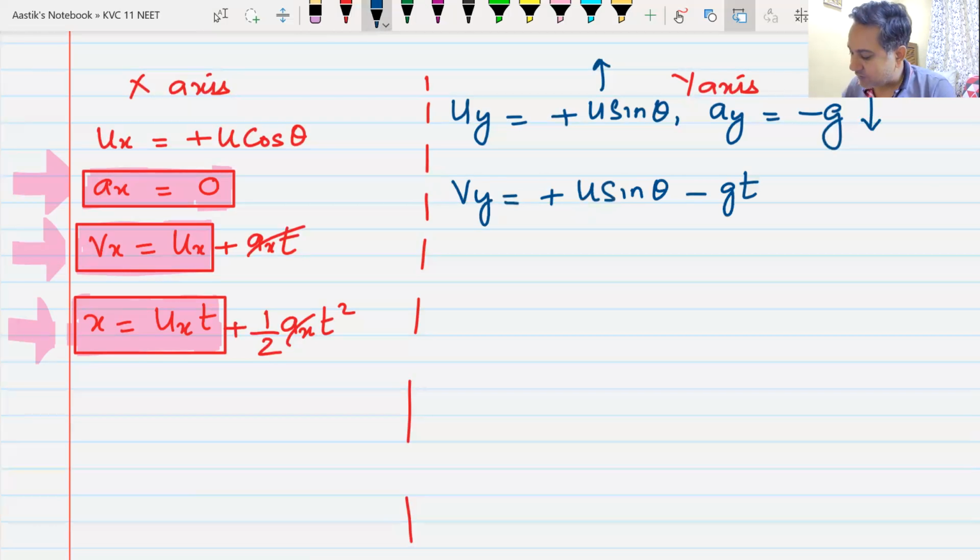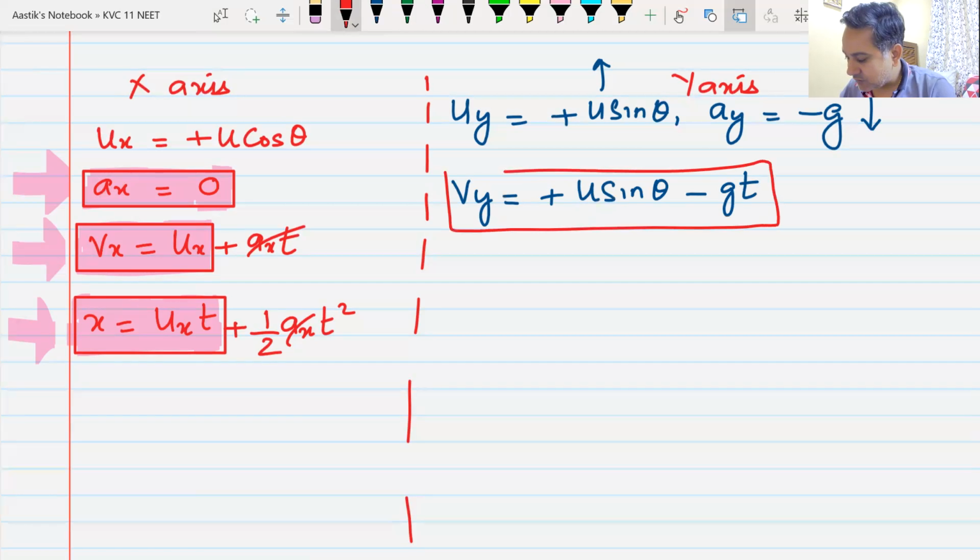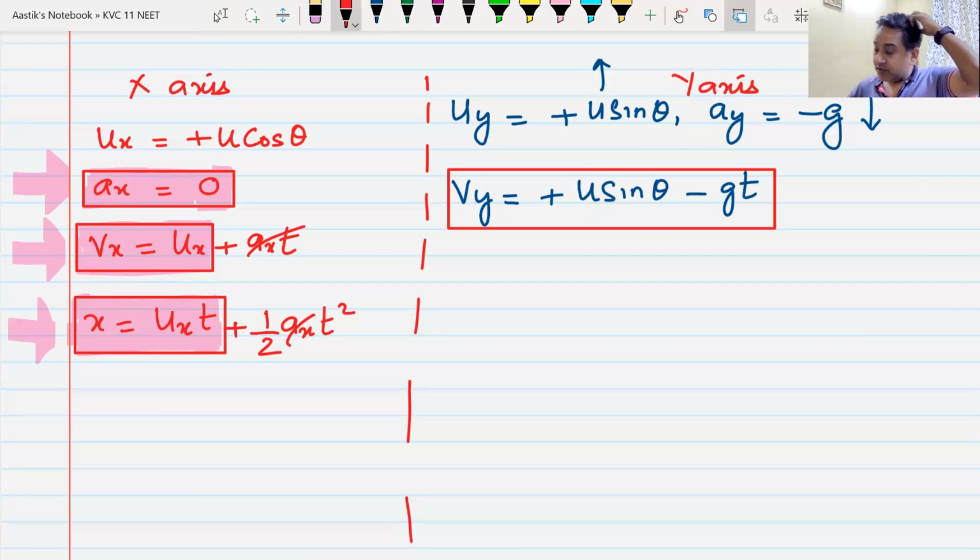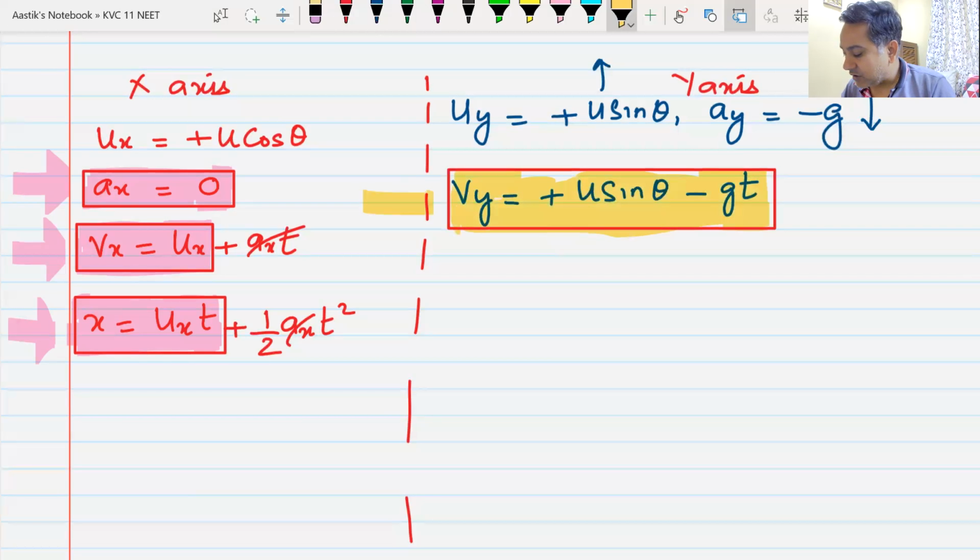Do we understand how I have got this equation? I have just put the values from the equation. That means this is again an important point. Velocity along y keeps on changing because there is acceleration along y. Do we understand this?